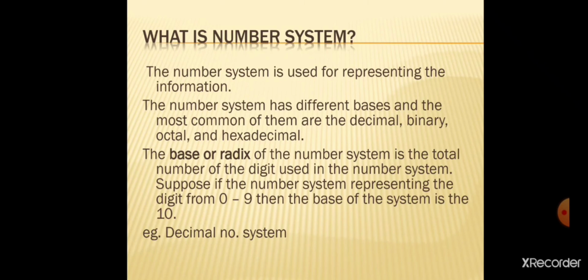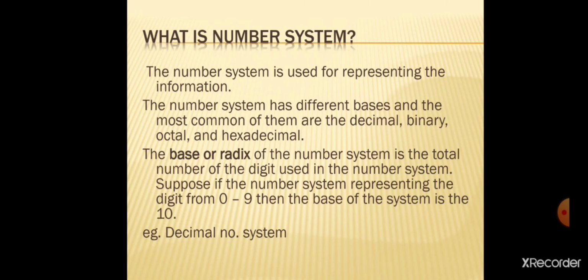All these number systems have a particular base or radix. So the decimal number system consists of 0 to 9. It means the base of this system is 10. The same point is explained here.